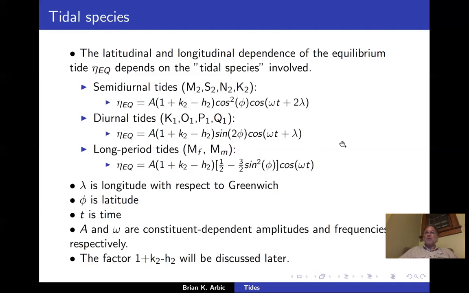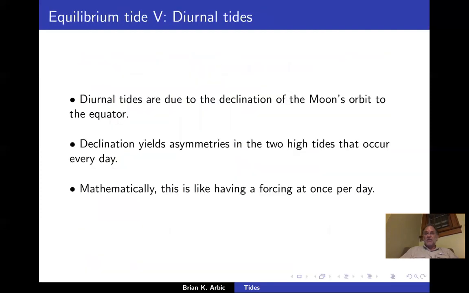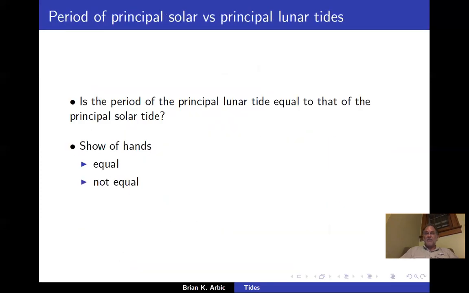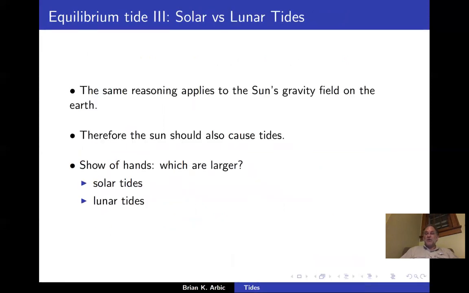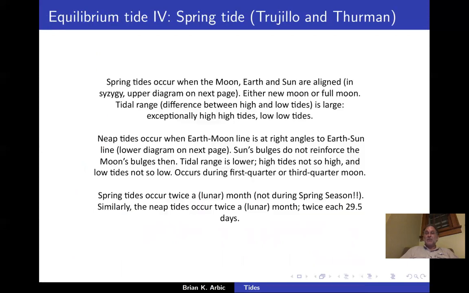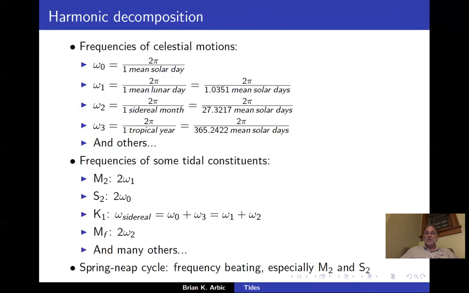Now, for those of you who know a lot of math, there's a more sophisticated way of understanding the tidal potential. Instead of doing the exercise we did earlier, you can go through the math of what are called spherical harmonics, the natural basis functions on a sphere such as the Earth.